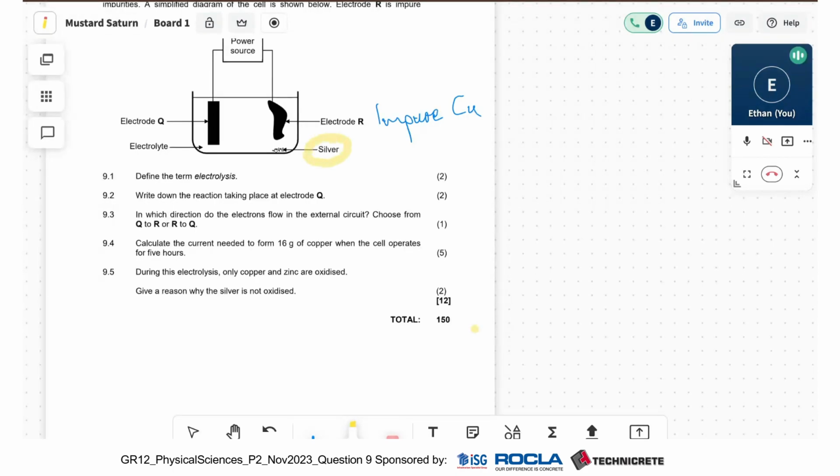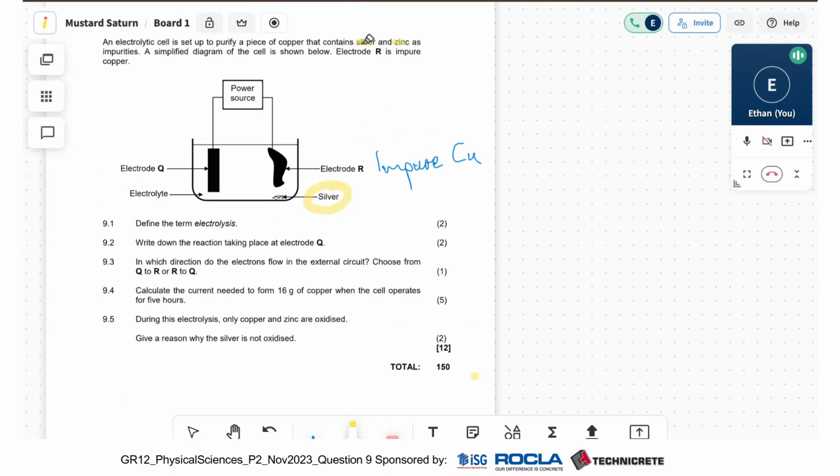We were told that we have zinc and silver as impurities in our copper electrode. And we see silver coming out. So basically, silver is coming out of this electrode. So we need to use that information to try and determine what is happening at Q.